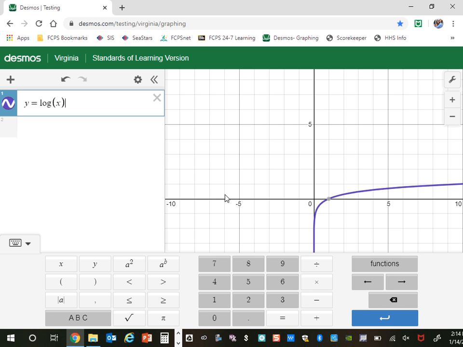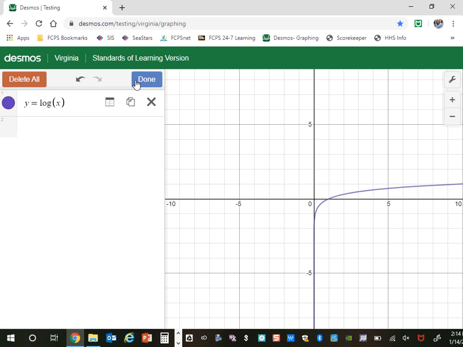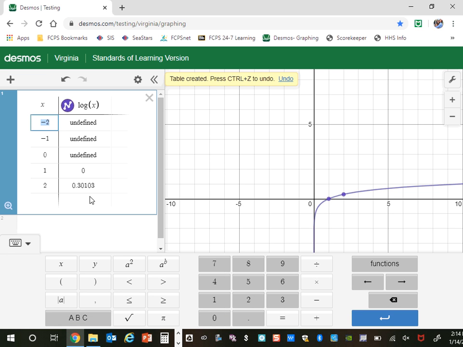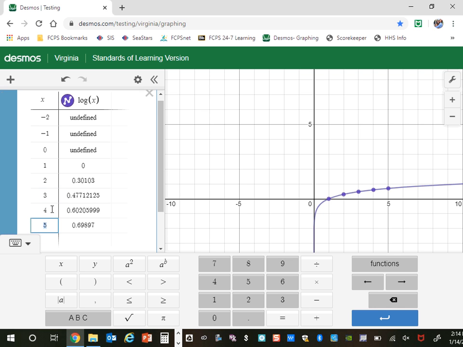So we've been doing exponentials and we had a horizontal asymptote. Now we're doing logs, we're going to have a vertical asymptote. Let's write some points down. A lot of these are undefined. Let's see what comes up if I type in some higher numbers.